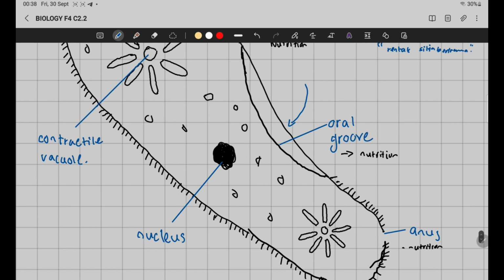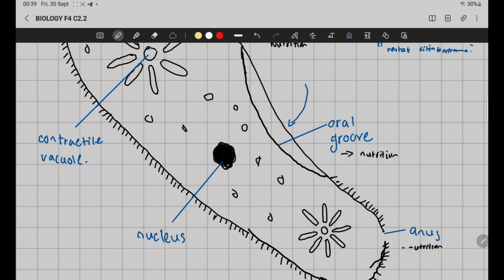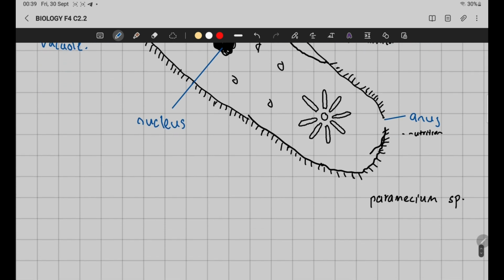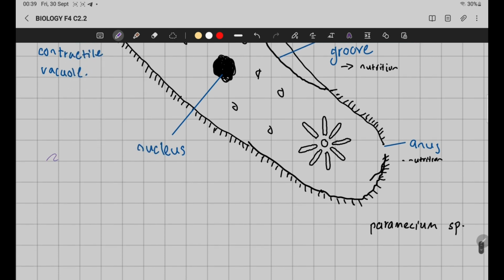And then same like amoeba, it grows through the synthesization of new cytoplasm. And the paramecium will respond to the stimulus or stimuli just like another living thing.